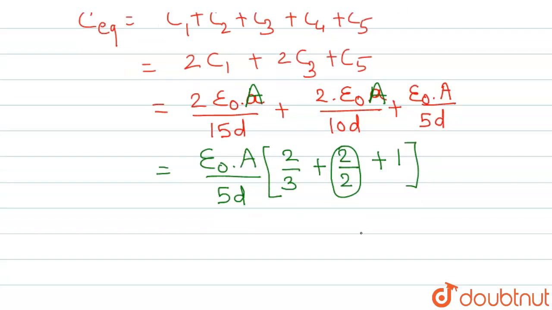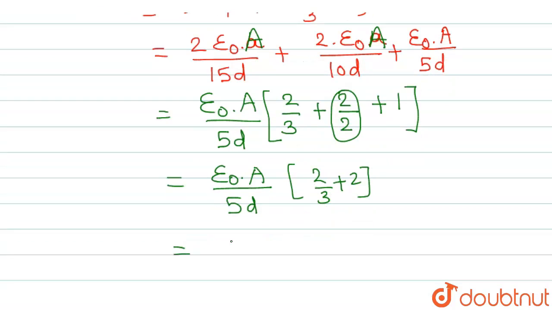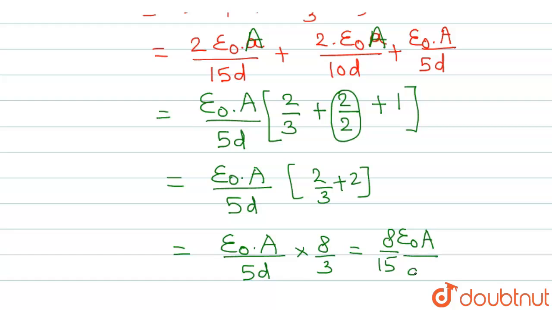Hence we get the final answer as epsilon 0 into capital A divided by 5d, times 2 by 3 plus 2. Hence the final answer for the net capacity will be epsilon 0 into A upon 5d multiplied by 8 by 3. So this is 8 upon 15 epsilon 0 into capital A divided by d. This is the final answer for the capacity.